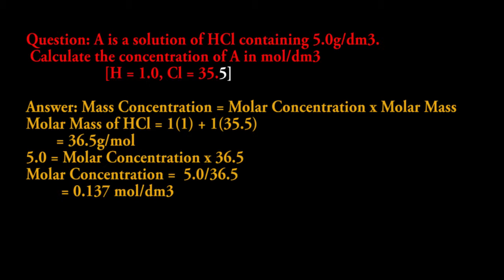First and foremost, you find the molar mass of hydrochloric acid. Here, the molar mass of hydrochloric acid is 36.5 gram per mole. Now, substitute this value and the mass concentration in gram per dm cube into our formula. We obtain the molar concentration of A to be 0.137 mole per dm cube.